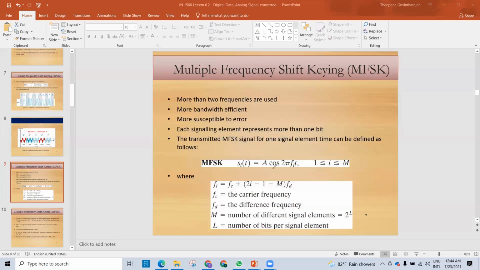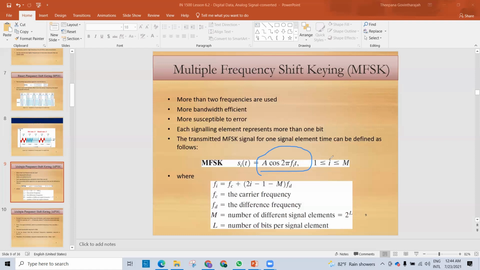Here, the transmitted MFSK signal is represented by the form A cos 2 pi Fi t. In BFSK, we simply write A cos 2 pi F1 t for binary 1 and A cos 2 pi F2 t for binary 0.